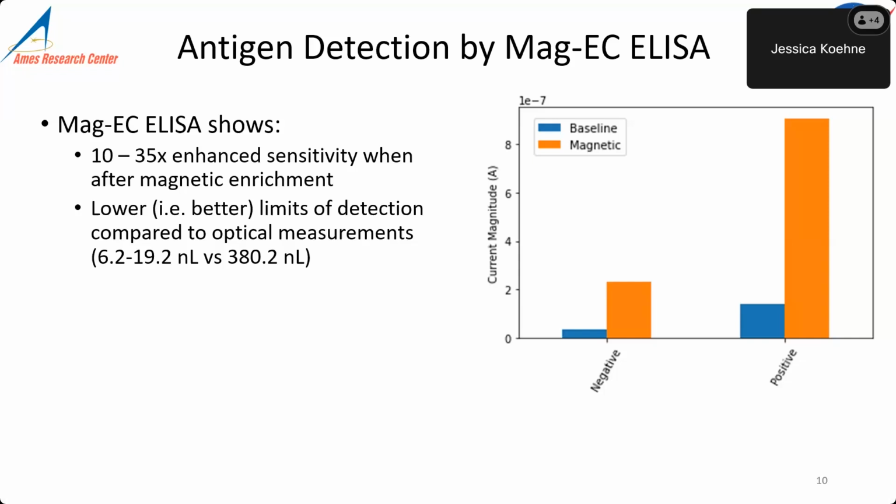And so we now are seeing the data set as it comes out with binding of a target antigen. And what we've seen here in these studies is that our best case was roughly 35 times enhancement in sensitivity after we employ the magnet.